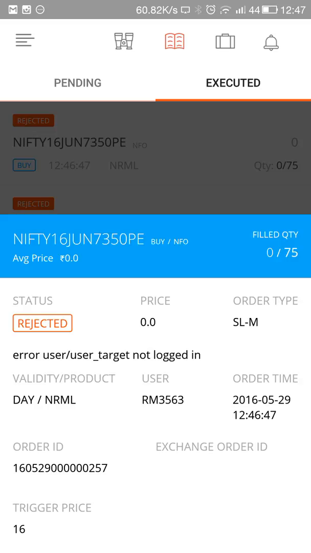In that case, you don't need to miss this trade. Prior to that, you can put a stop loss buying order at 16, so that whenever it breaks 15.5 and reaches 16, it will obviously go to 17 and 18. It will be automatically bought, as you have placed a stop loss market order. The same way for the selling order also. So in that way, you will definitely get some of the best entries.